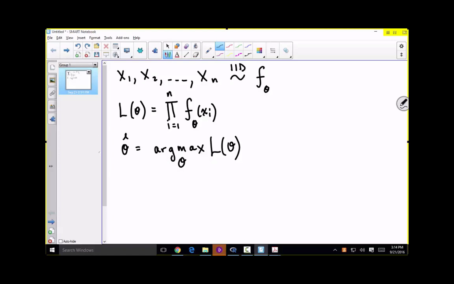By parametric, I mean we are specifying for our data that they came from a distribution that I'm going to write the formula for. For example, if x is normal with mean mu and variance sigma squared, then I know the formula for the PDF. F theta of x is the normal.